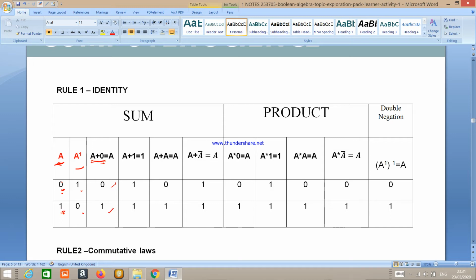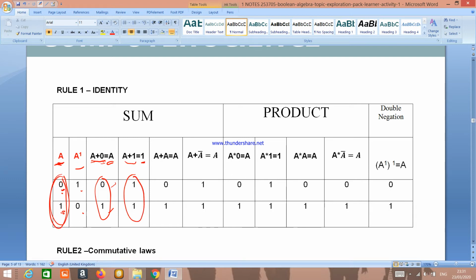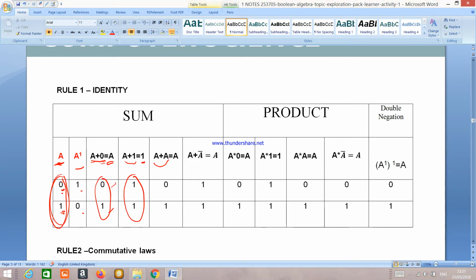So A plus 0 is A, it's the same thing. This is how we got A. Then A plus 1: you add 1 to it, you get 1, 1. So A plus 1 is 1. Next, A plus A: you add A again, it's the same thing, so A plus A is A.